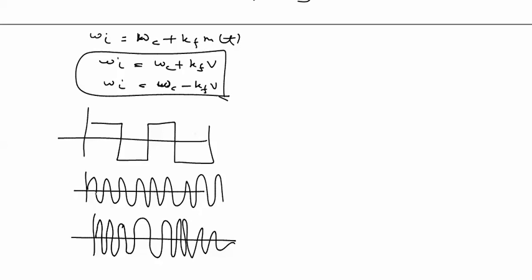The message signal varies between two levels, and the frequency variation also varies between two levels.